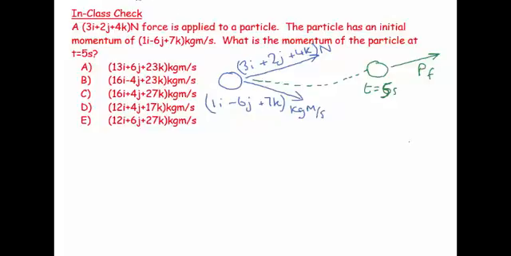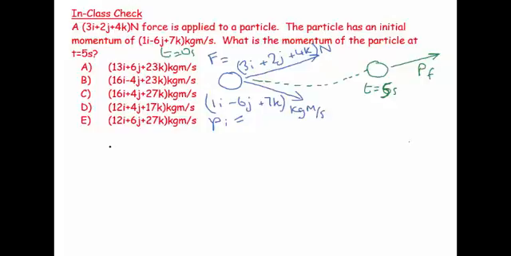So we say, well, we need something that links these things together. We have a F. We have a p initial. We have an initial time of t equals 0 seconds, so we have a delta t.